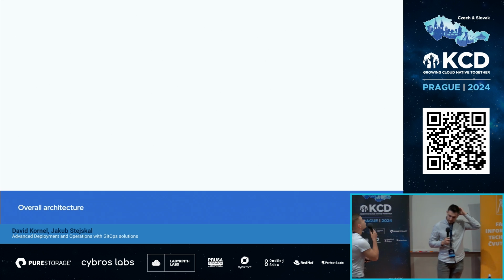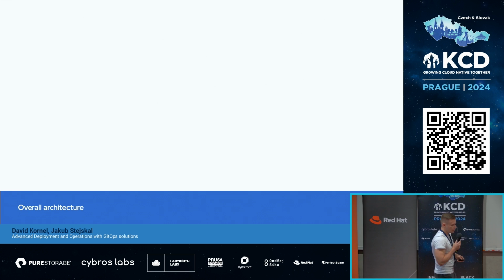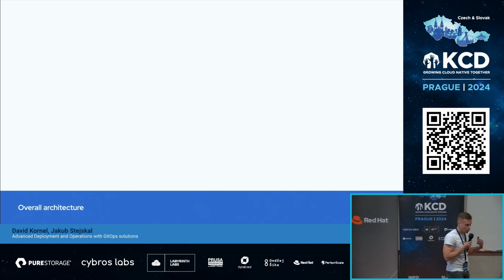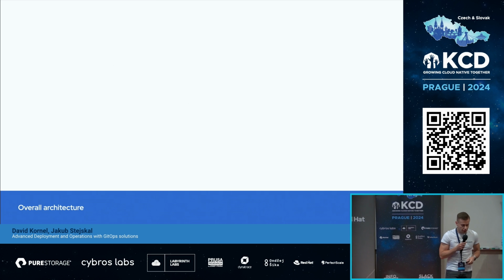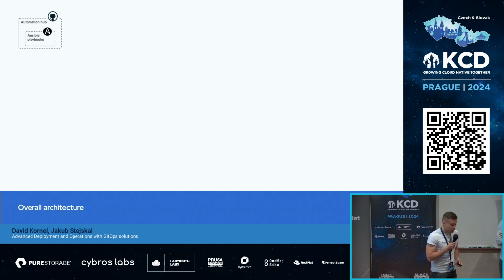Okay, so let's move on to our overall architecture, where we will show you how the whole infrastructure is installed on the greenfield. Let's start with the first repository, which is called Automation Hub.